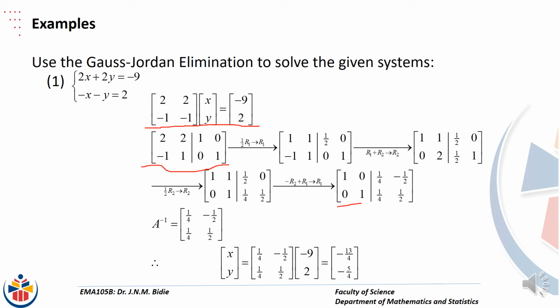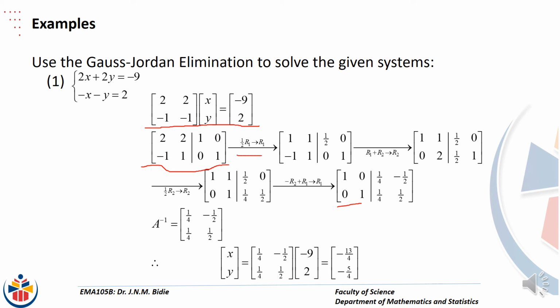Already we have a 1 there, that's okay. Where there is that 2, it must be 0. Where there is -1, it must be 0. That's what we're trying to do. So first thing I do to make sure that the first entry is 1, I divide the whole row by 2. So note the notation.